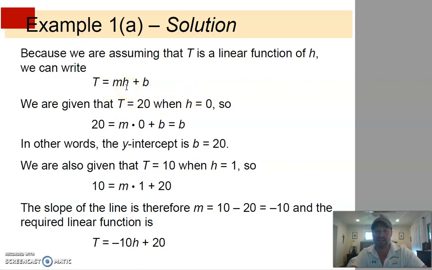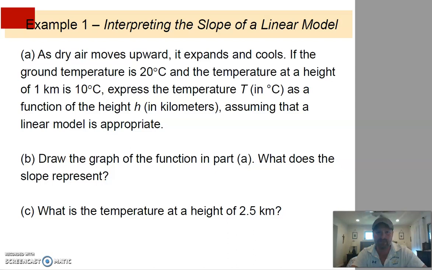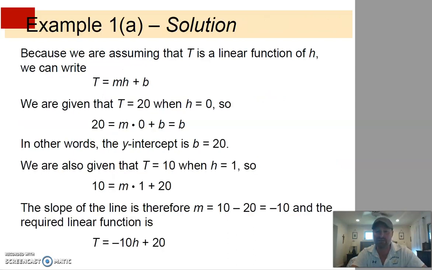h represents the height, and t represents the temperature, obviously. So based off of the height, we're going to get a different temperature. We can solve this linear function, creating a function to figure out what the temperature is with respect to the height.